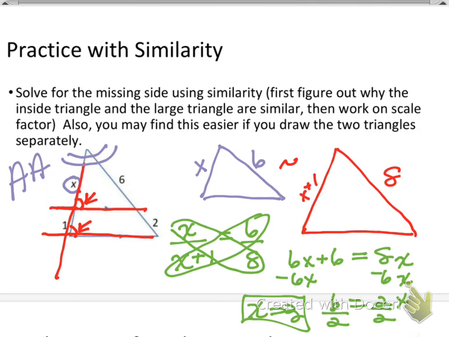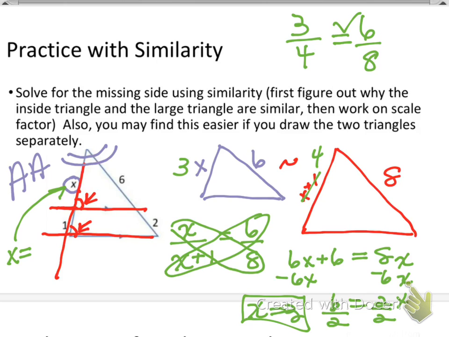If I plug in 3 here for x, I'm going to plug in 4 here. Does it work? Is it true that 3 is to 4 just like 6 is to x? Yes, that works. So now I know that having a solution of x equals 3 is the correct answer for that missing side length. Okay, you may want to look over that again, but that's a nice, neat problem.